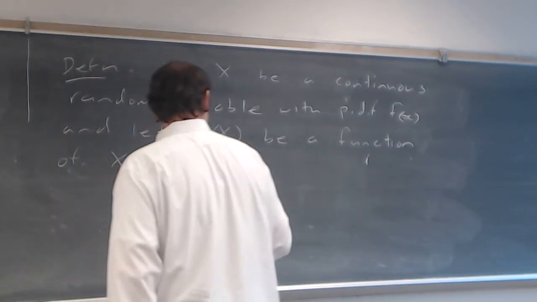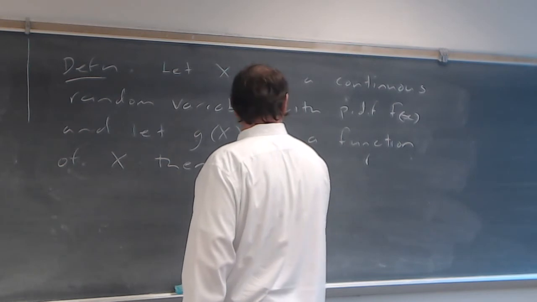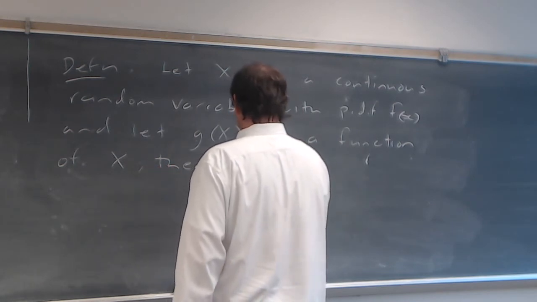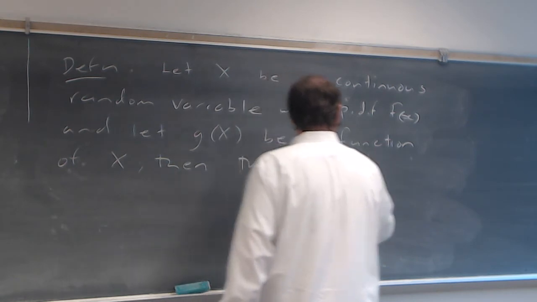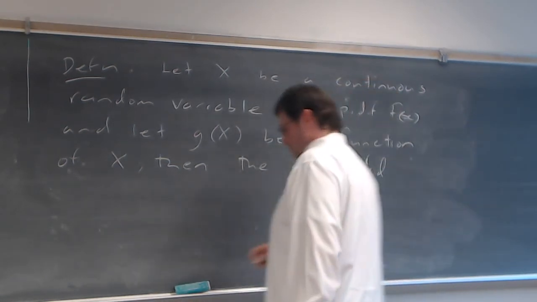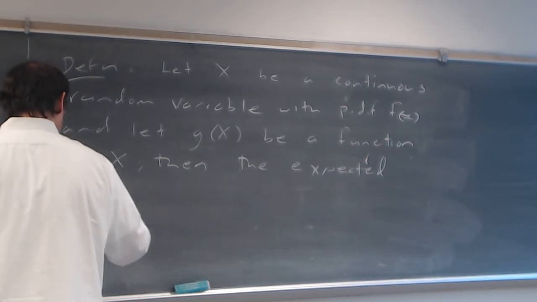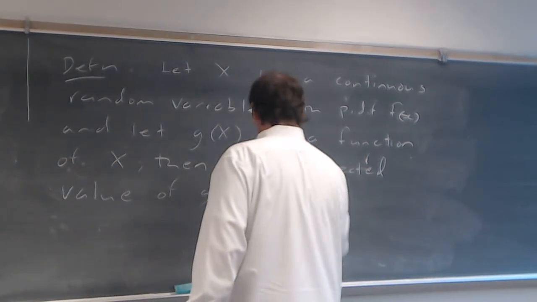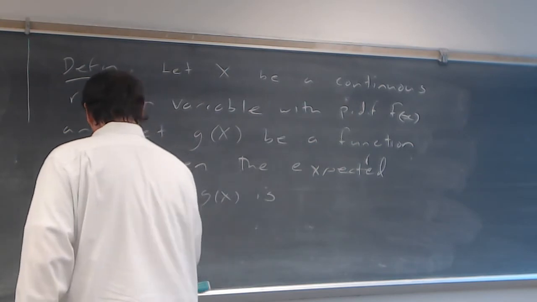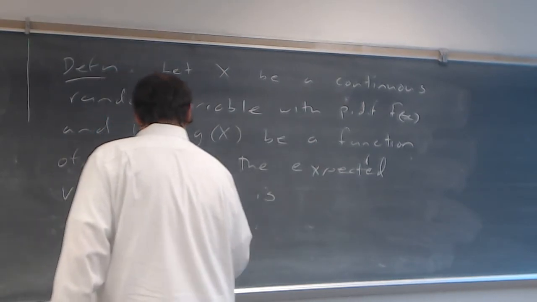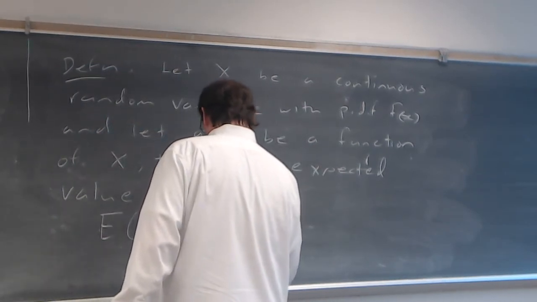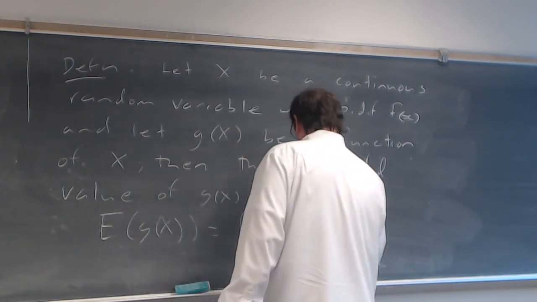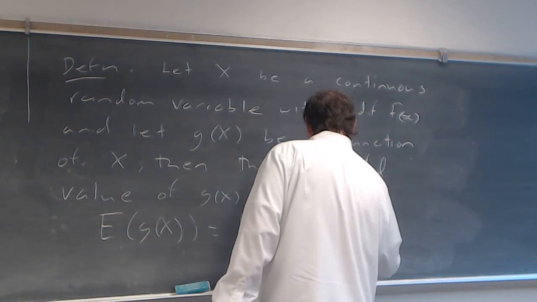Then the expected value of g of x is equal to the integral from minus infinity to infinity of g of little x times f of x dx.